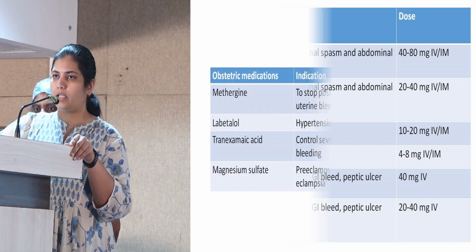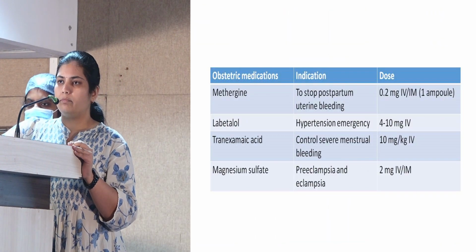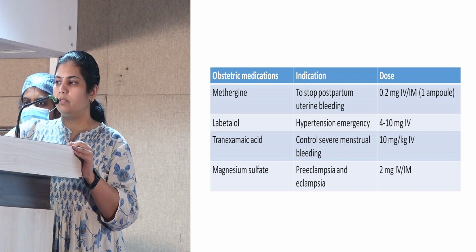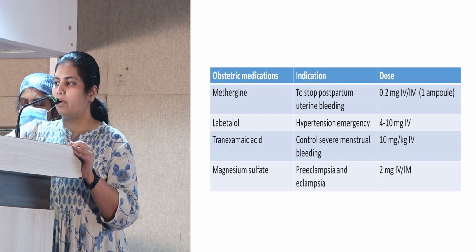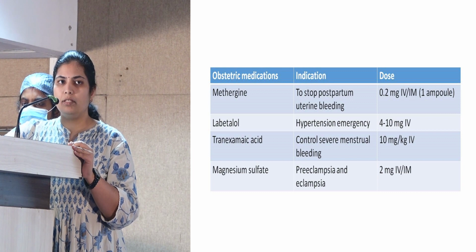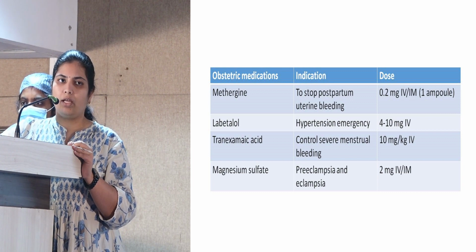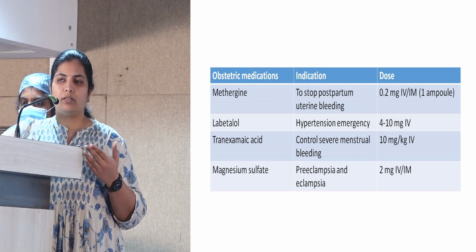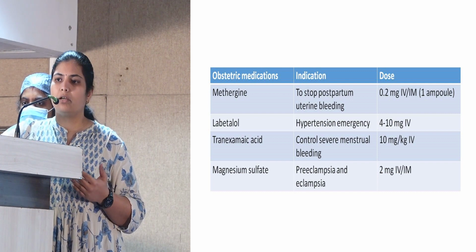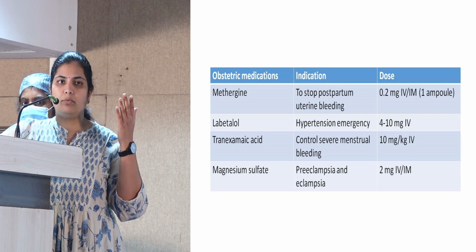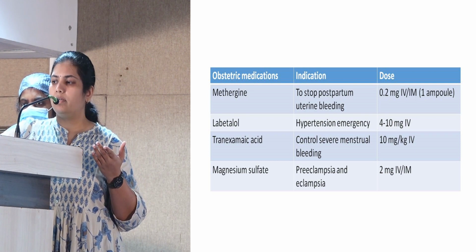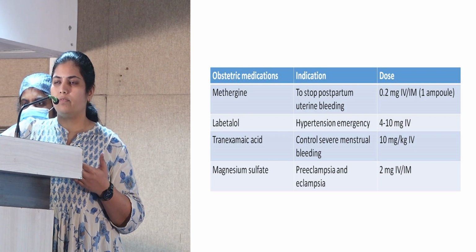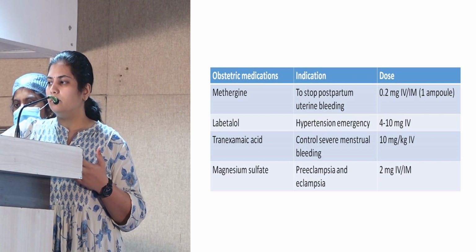Then obstetric medications, mainly methergine to stop postpartum or uterine bleeding. 1 ampule contains 0.2 mg, which can be given IM or IV. And in an emergency, if a pregnant patient comes with BP above 170, 200, then labetalol is the drug of choice.